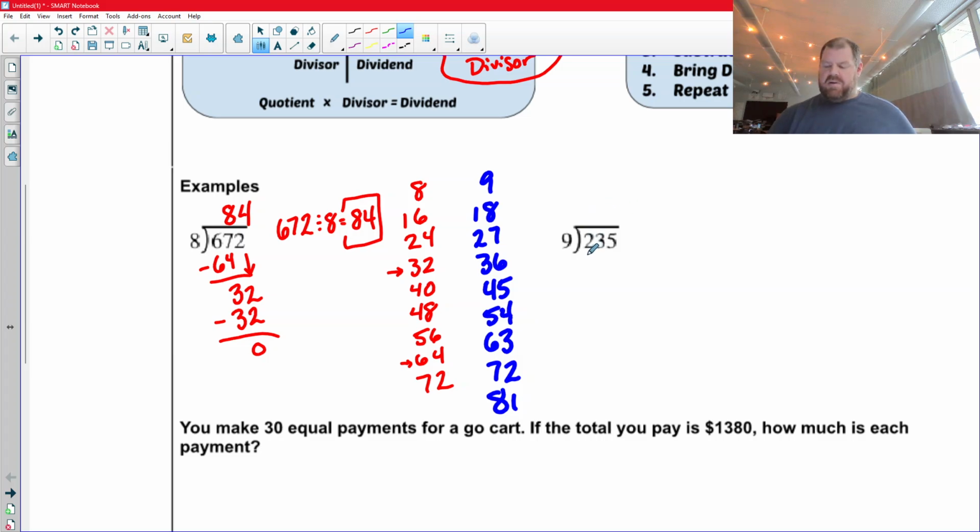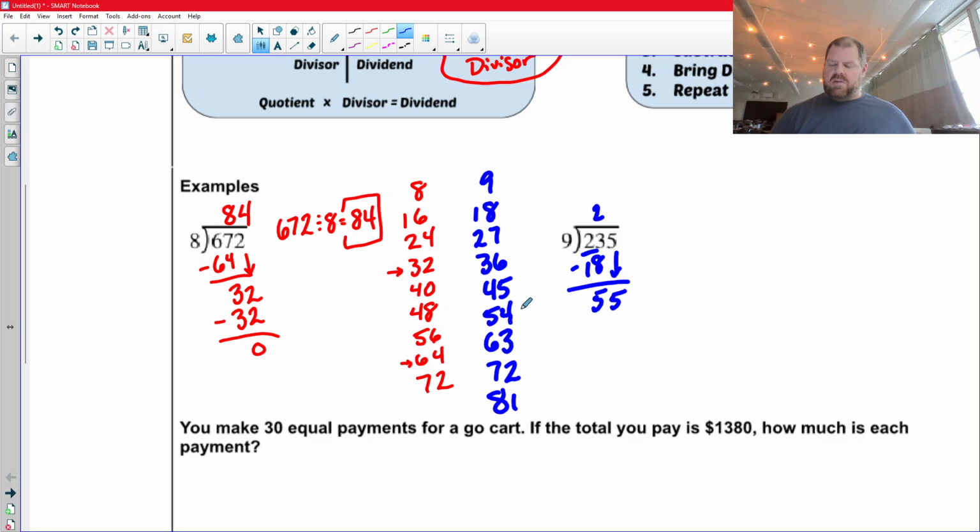And then I'm going to start the same way. Is there a number on my list that's smaller than or equal to 2? No, there's not. How about 23? There is one smaller than 23. It would be 18. That's the second multiple of 9. And when I subtract, I get 5. Bring down my 5.